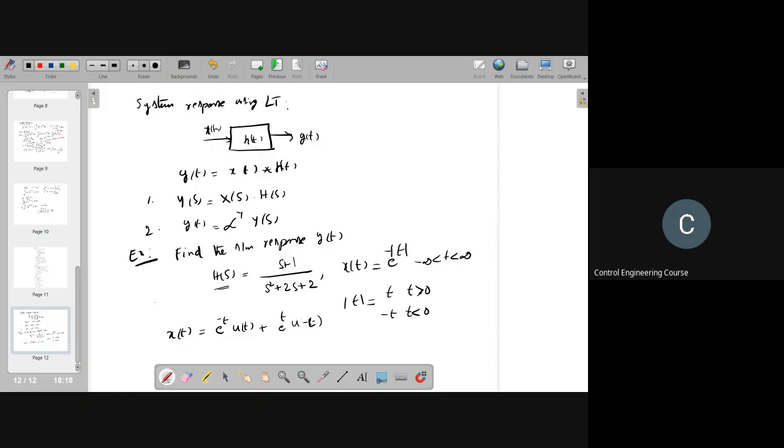Right? One is a right-handed signal, another one is a left-handed signal. Now find out X of s. It is 1 by s plus 1, plus 1 by 1 minus s. And yes, this is equal to 2 by (1 minus s) whole square.